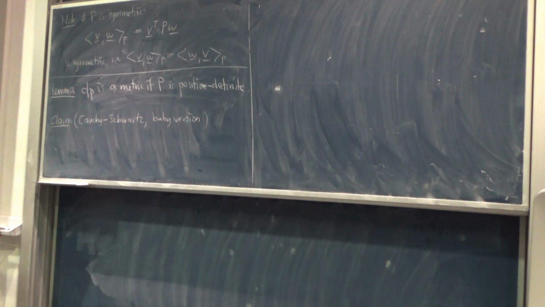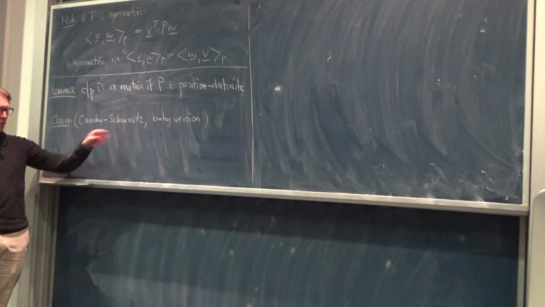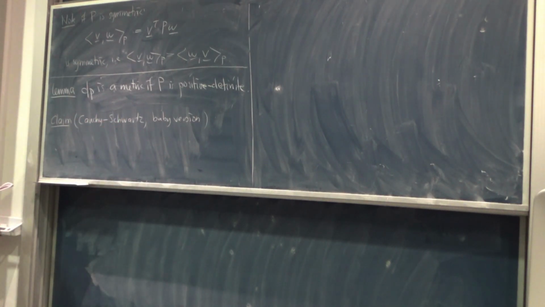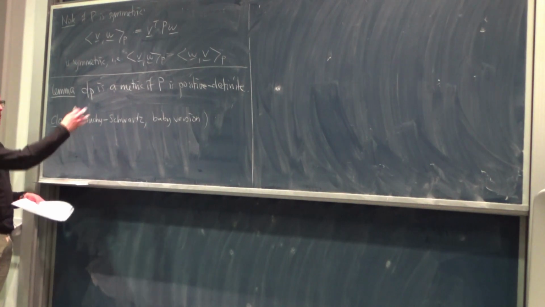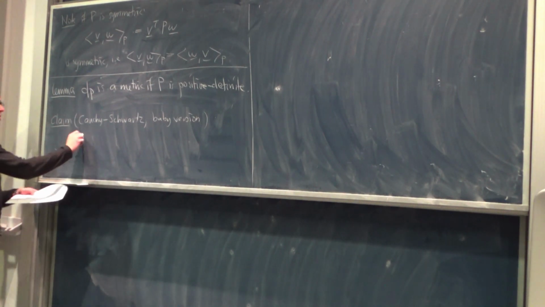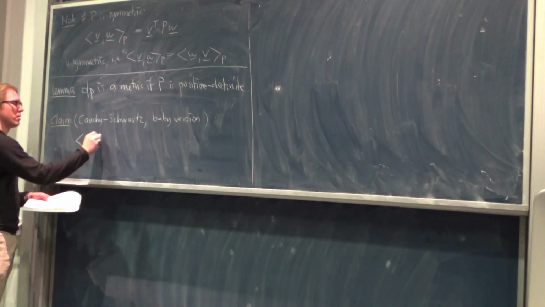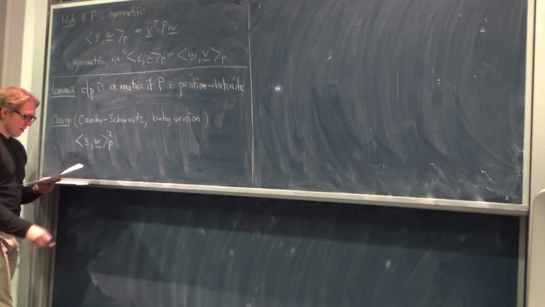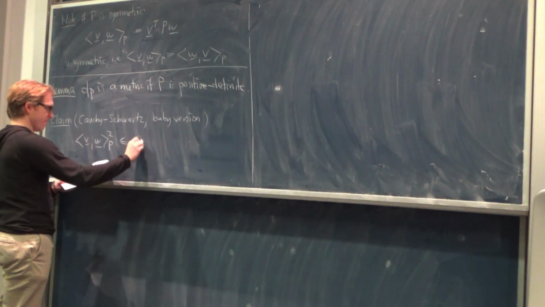So again, this proof hinges on a claim, which is some inequality that looks just like the one I had before. Later, when we get to inner product spaces, we'll prove this in general. This is sort of the baby version of what's called the Cauchy-Schwarz inequality. Throughout everything I'm going to say now, P is positive definite. Okay, so here's the statement.